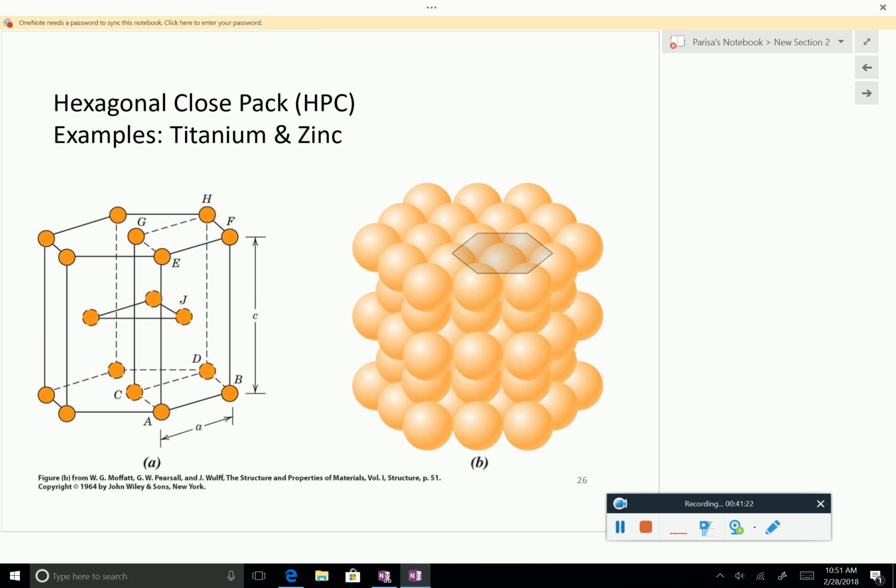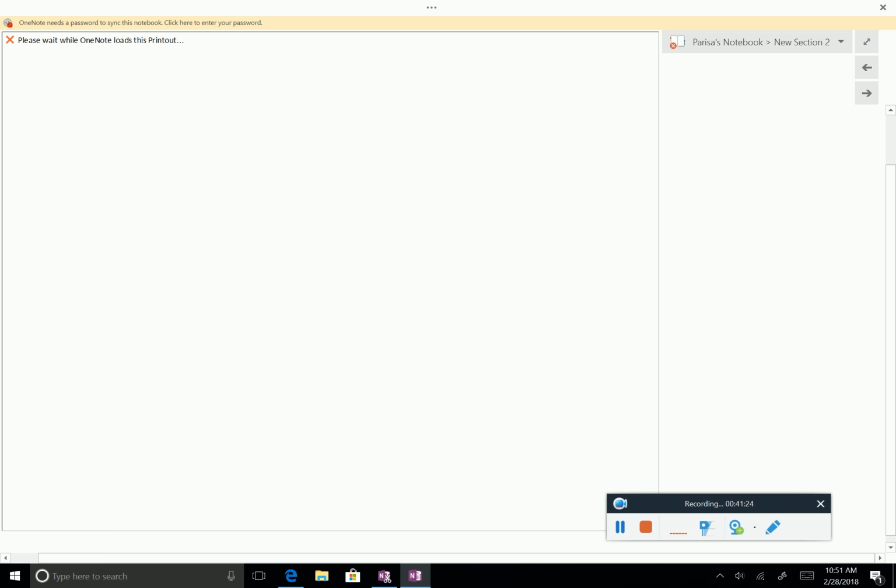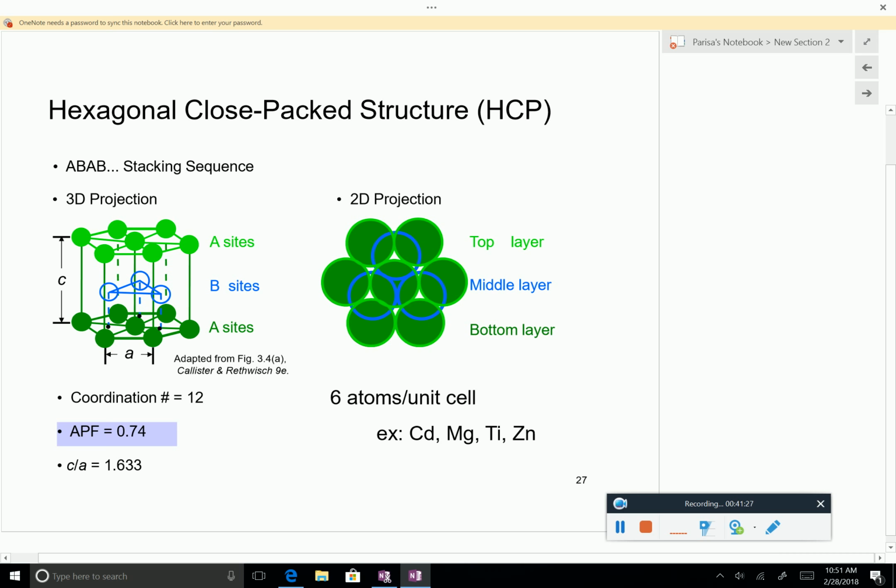And here also you can calculate the atomic packing factor, coordination number, and number of atoms per unit cell. The materials which have this kind of structure are not of so much interest to civil engineers, so we don't talk about this a lot. But you can check to see if you can get the same APF here.